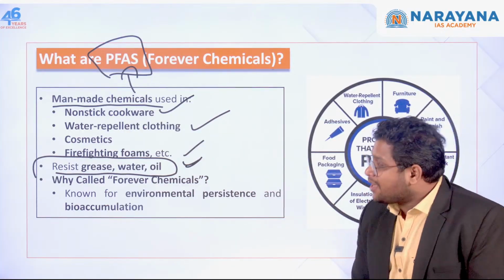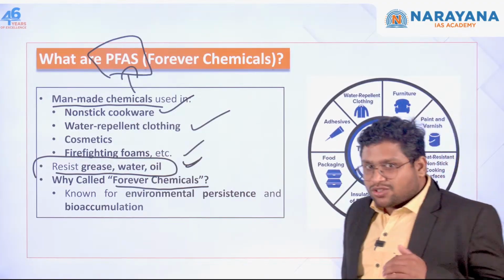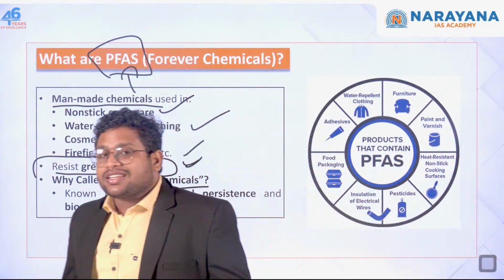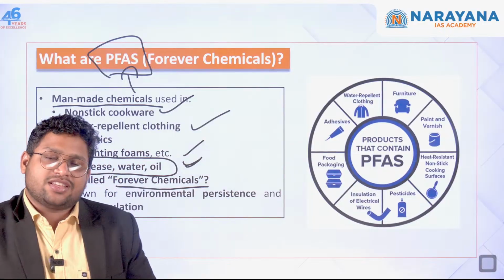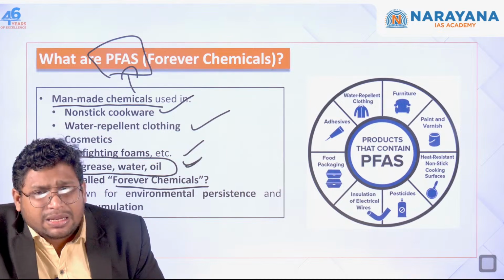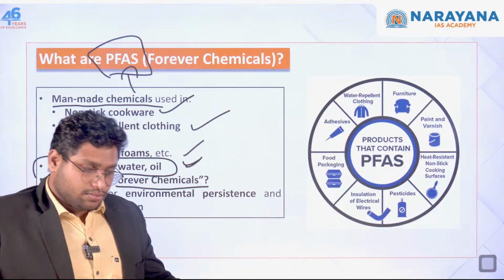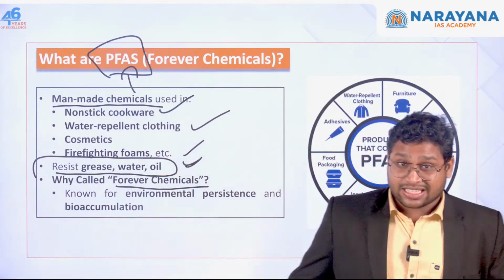Now why are we calling them forever chemicals? Because first of all, these are made in the laboratory. These are synthetic stuff, not natural chemicals. And these chemicals remain in nature, they remain in the environment, and they do not get degraded as such.